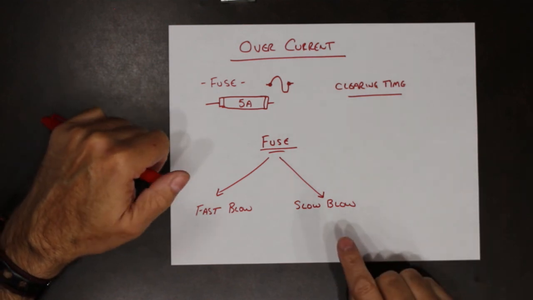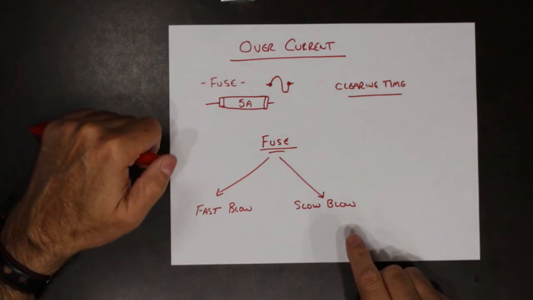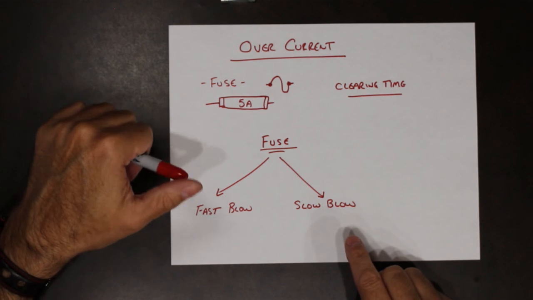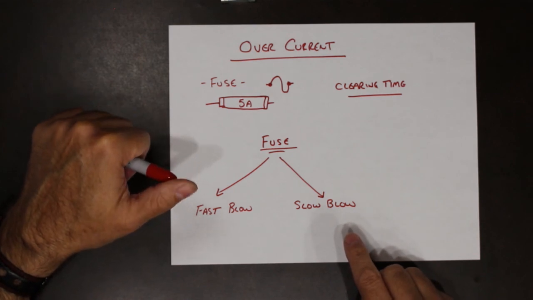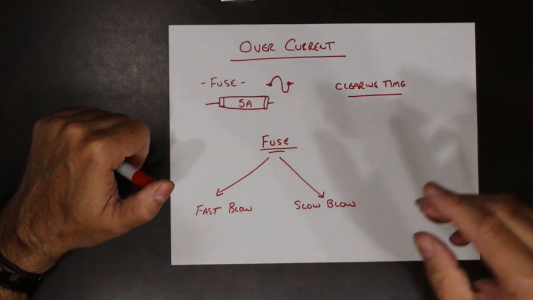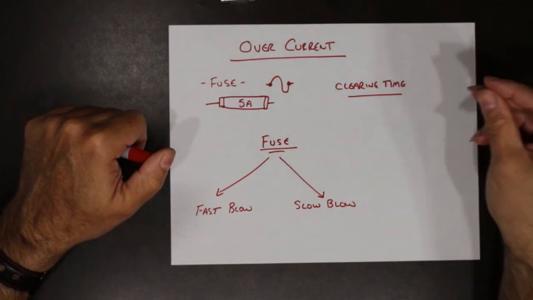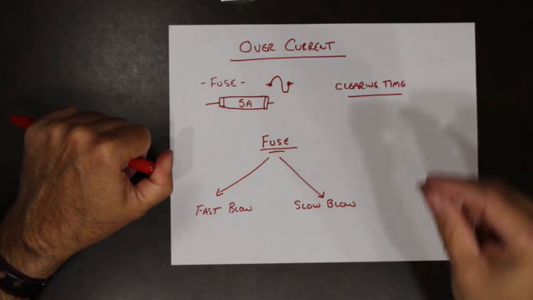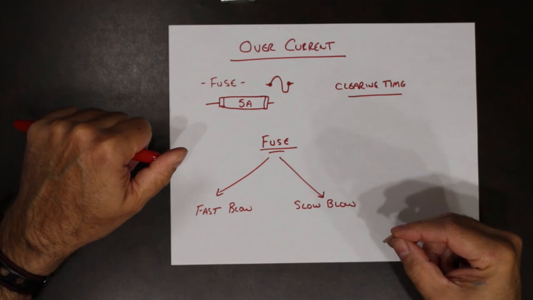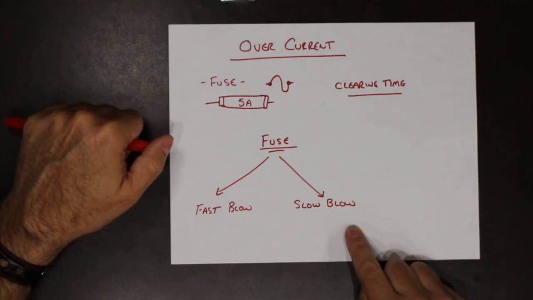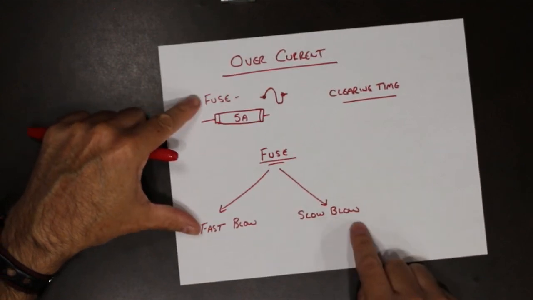Sometimes current will spike momentarily and then fall back down. So we don't want the circuit to blow right away. We want to give it a couple of seconds to recover, or else we could be blowing fuses instantly all day long. An example is a motor circuit.